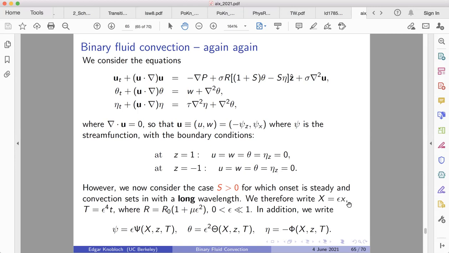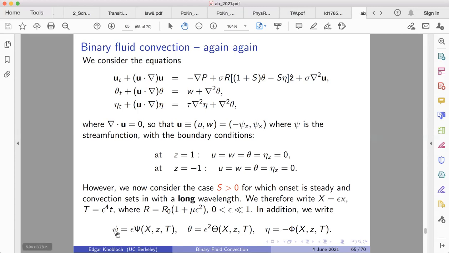So the idea is to introduce that wave number through this epsilon. There is a corresponding slow time scale. And then I'm going to be close to some threshold R0, which I don't know at this point, okay? So this is where the assumption that I have a large scale pattern comes about.